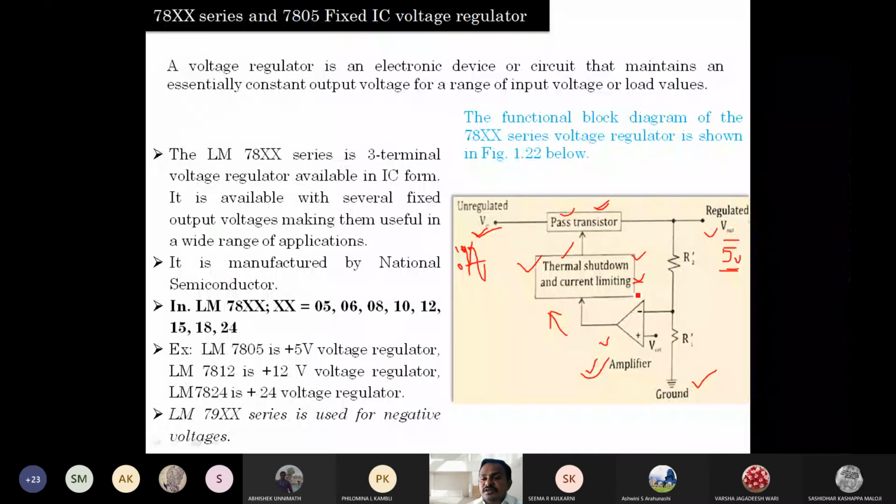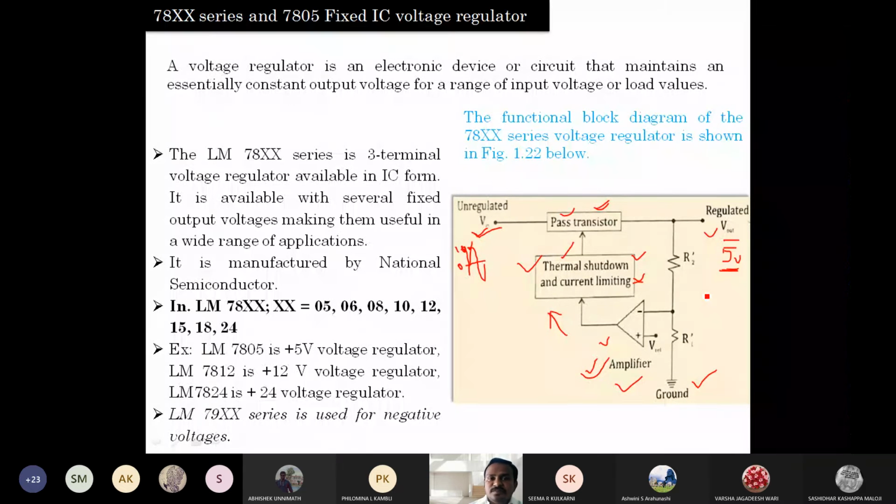This current limiting decision is taken from the amplifier circuit. This amplifier is used for maintaining the constant output voltage from the IC voltage regulator. So this is the simple introduction to the 78XX series block diagram.